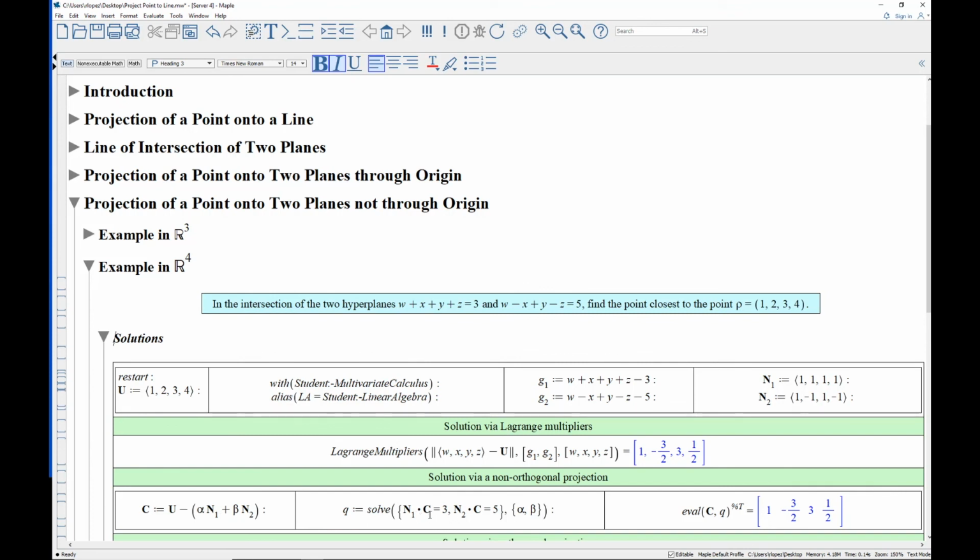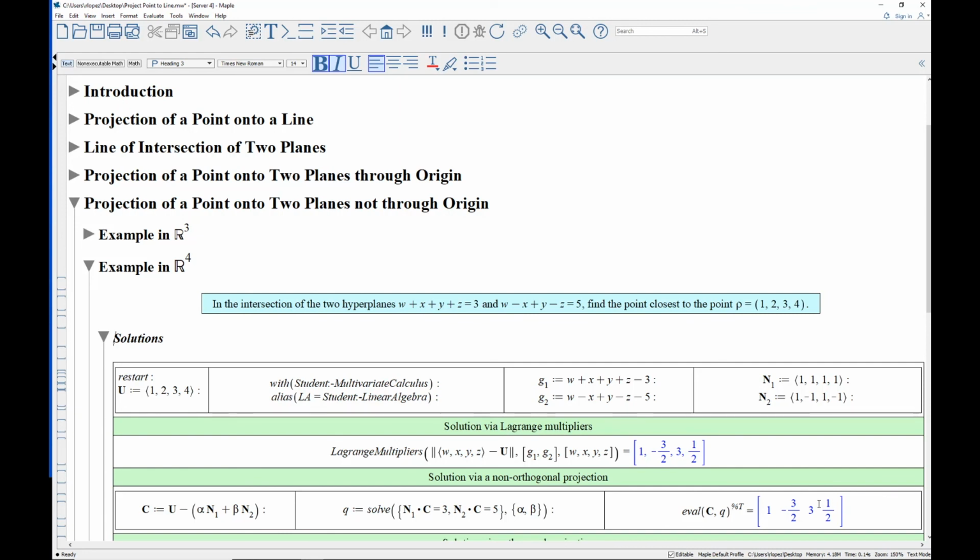Then n dot c should be 3 here, and n dot c should be 5 here. Solve for alpha and beta. Put that back into c. I've defined c over here. And then print out the answer as a row vector to save space. And it's the same as what the Lagrange multiplier command gave, except this is a list and this is a row vector.